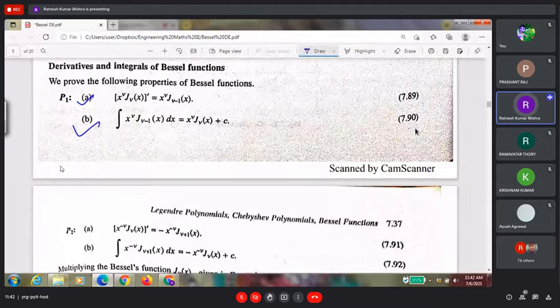This is property 1, and property 2, a and b. So b is very simple. If you integrate a with respect to x, we will get b. Integrate this, this is the left side, and the integration of a differentiation, this is x to the power v J_v and constant of integration.